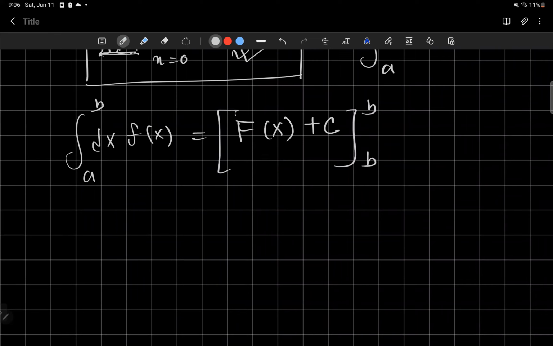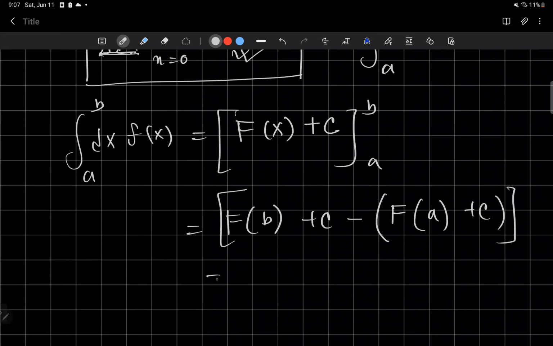They put a square brace, and put the limits like this and write F of b plus C minus F of a plus C. And then you write F of b minus F of a.